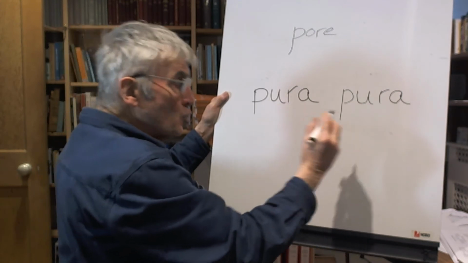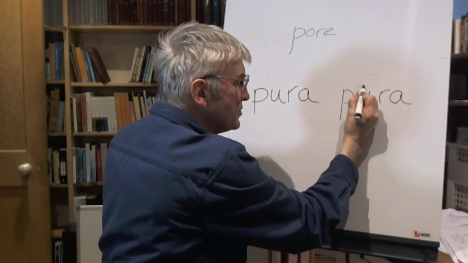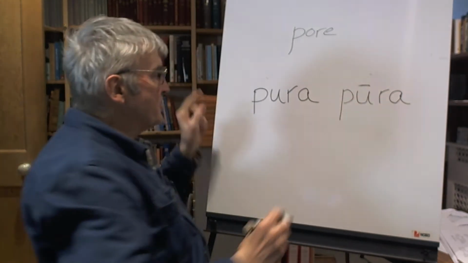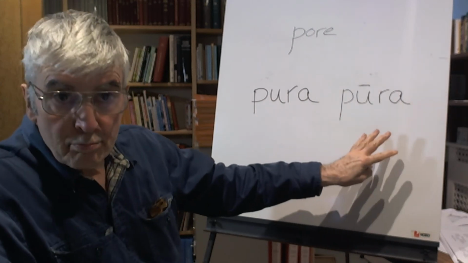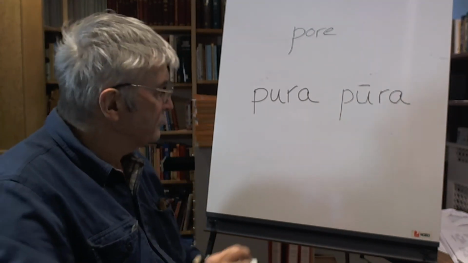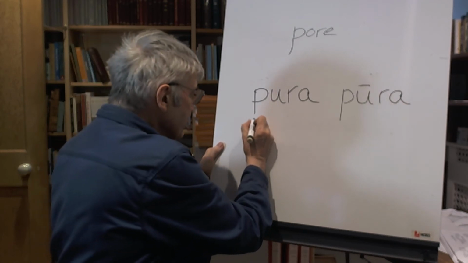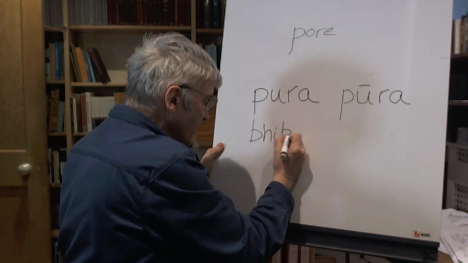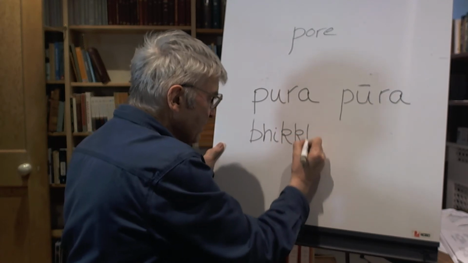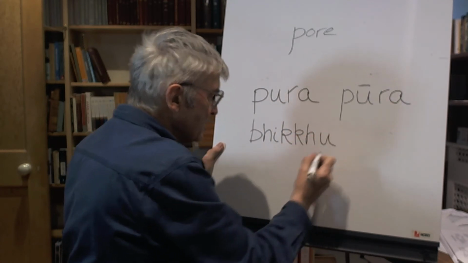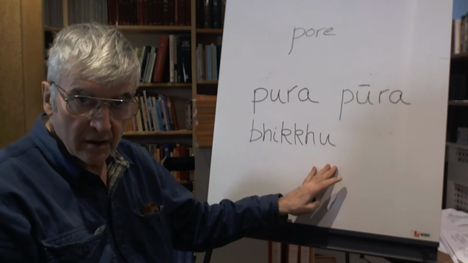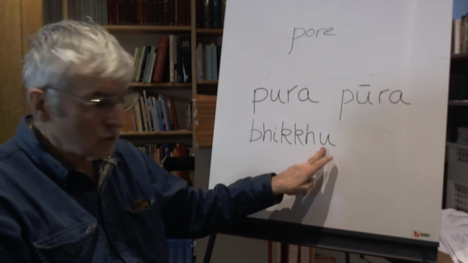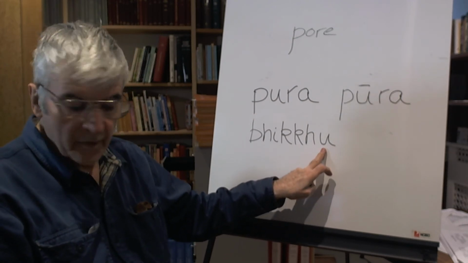Now a different word meaning full is pura with a long u. So we use the diacritic to distinguish pura, city, from pura, full. Again, the distinction between singular and plural is made with a lengthened vowel here. Bhikkhu, a monk, with a short u, just a monk, nominative.